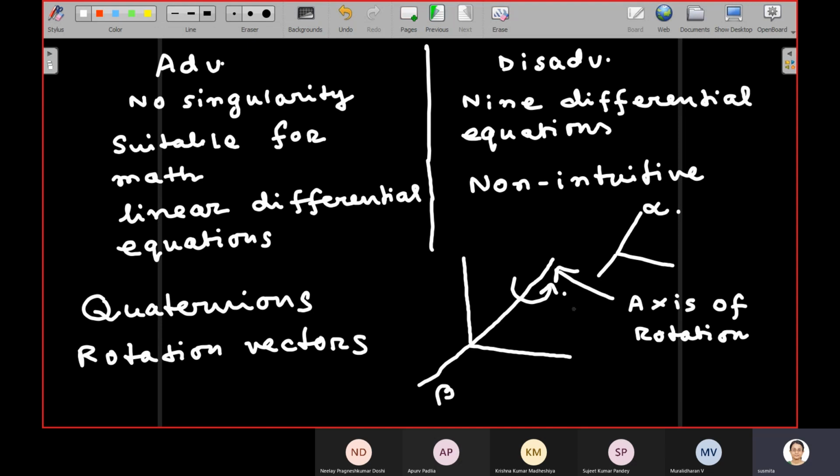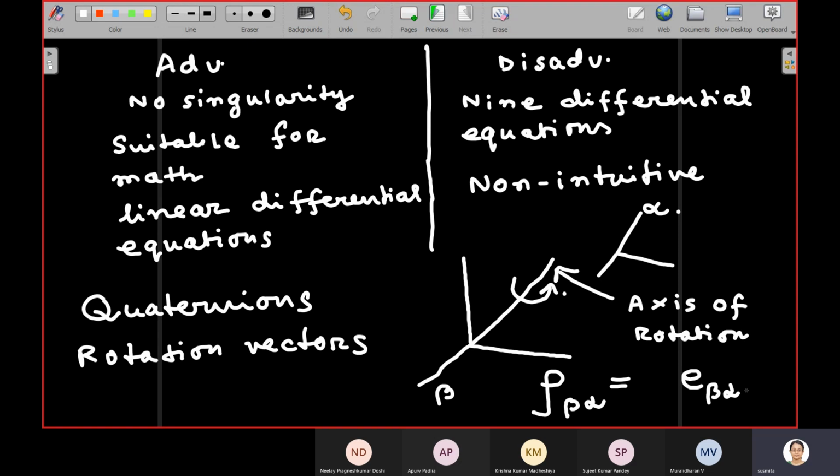And the angle by which we need to do the rotation is the angle of rotation. The rotation vector is denoted as rho beta to alpha. So we are going from beta frame to alpha frame. It is actually a vector. So the axis of rotation, the unit vector along the axis of rotation, and we know that the axis of rotation is invariant in both the frames.